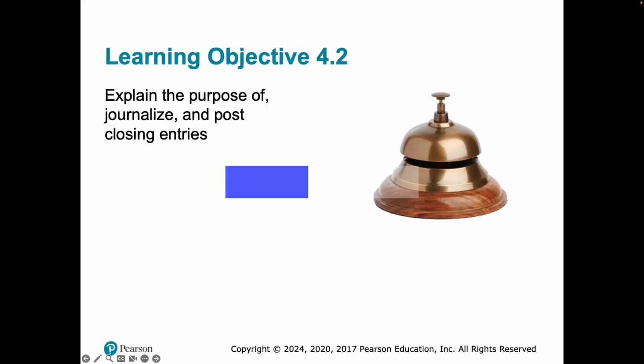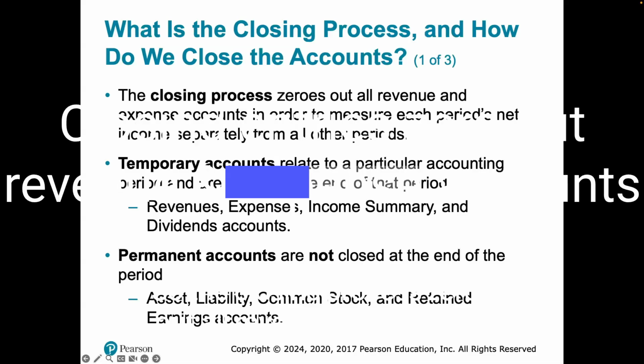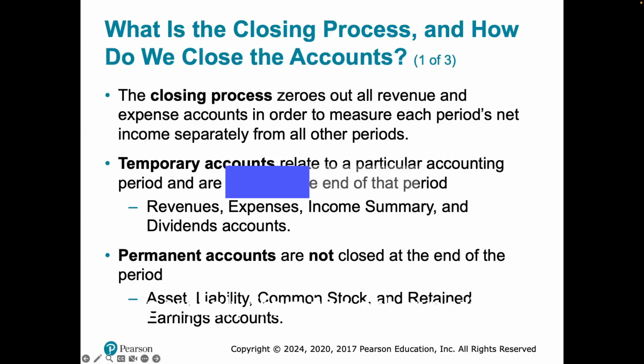We're going to explain the purpose of journalizing and posting closing entries. So at the end of the year, let's talk about this. What is the closing process and how do we close accounts? The closing process zeroes out all revenue and expense accounts in order to measure each period's net income separately from the other periods.